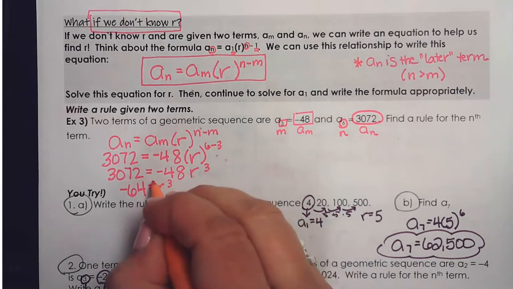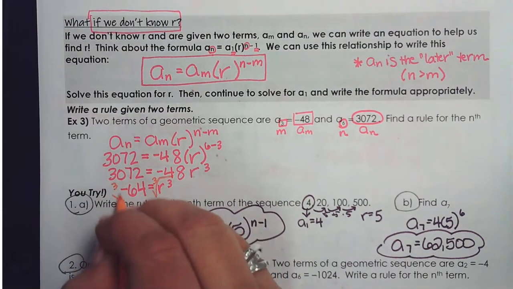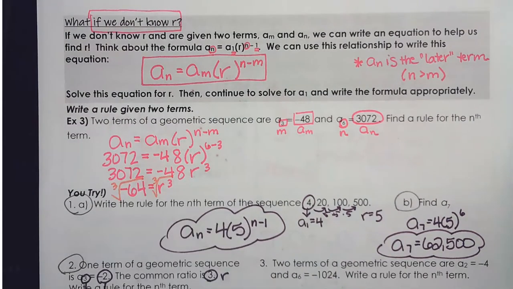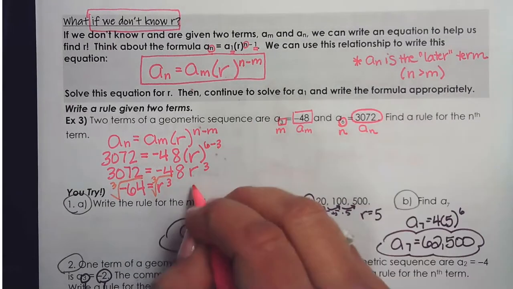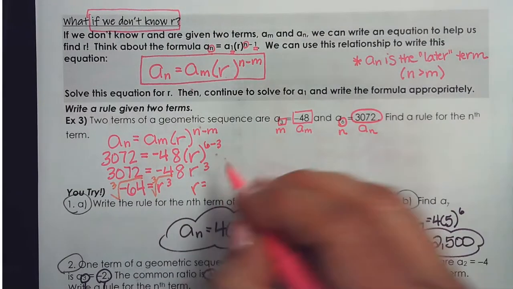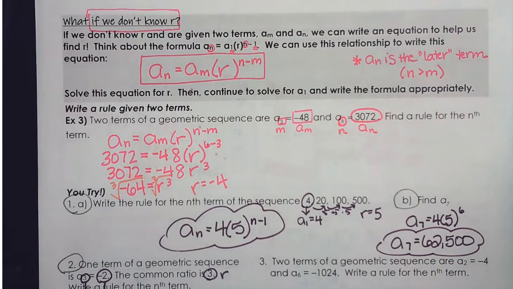Cube root, awesome, okay? So let's take the cube root of negative 64. We can take the cube root of negative, okay? It's an odd root, so that's fine. And you can either think about using your power chart, or if you don't remember and you're in the calculator, you can raise negative 64 to what exponent? 1 over 3. Good, 1/3. And what do we get as our r value then? Negative 4. So r is negative 4. Okay.